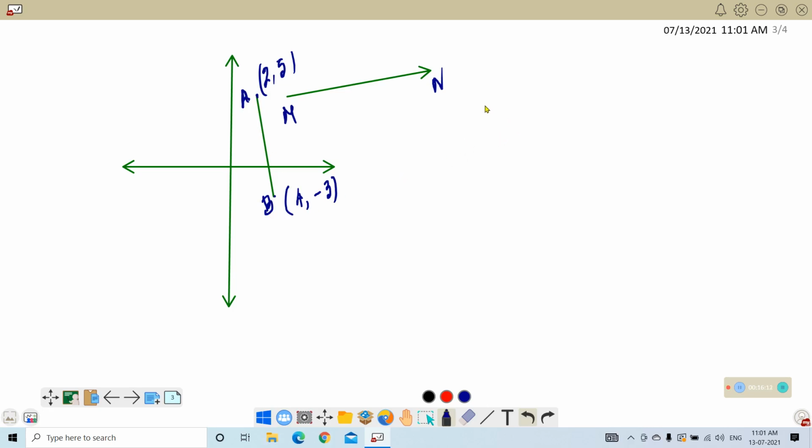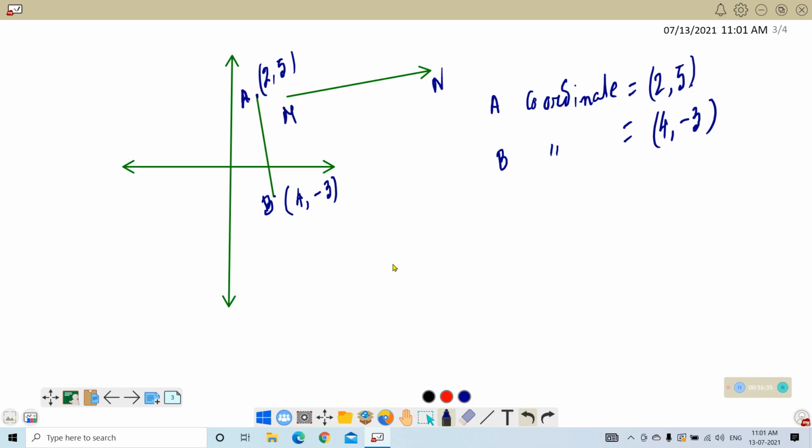So the coordinate of A is 2 comma 5 and B coordinate is equal to 4 comma minus 3.